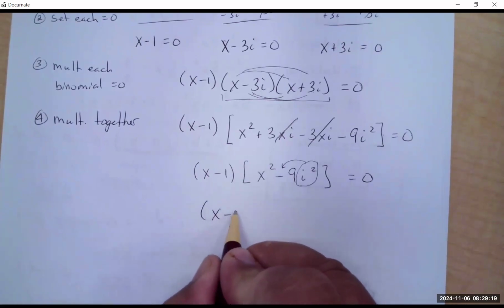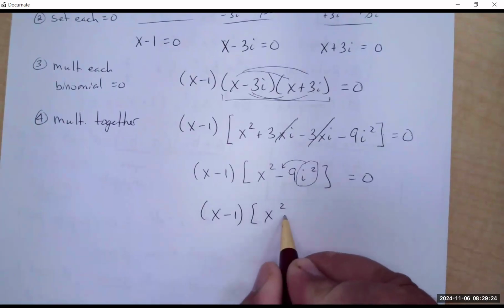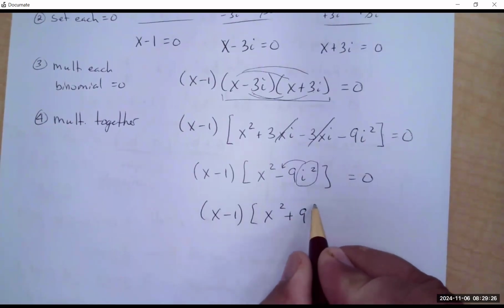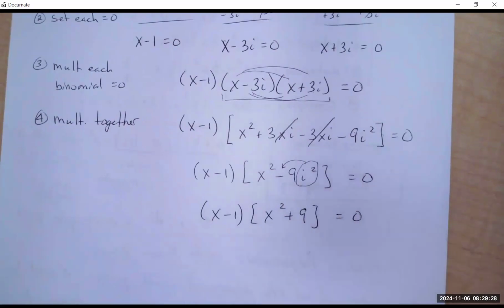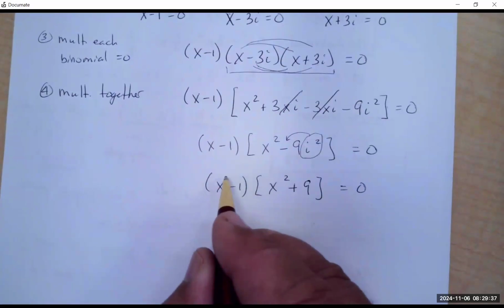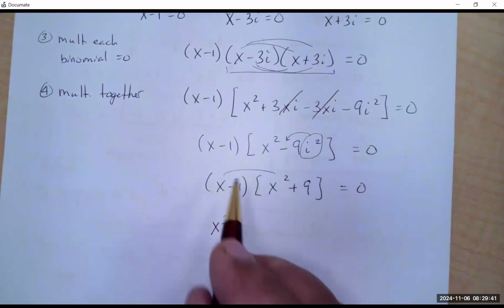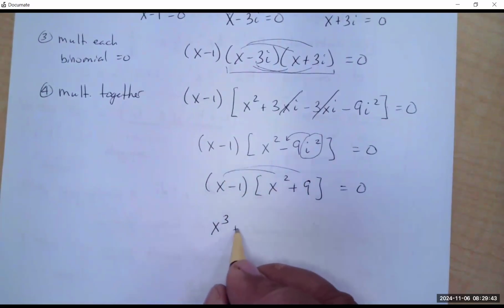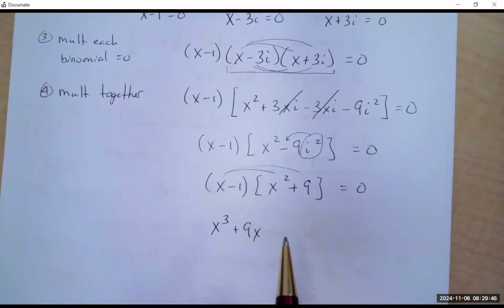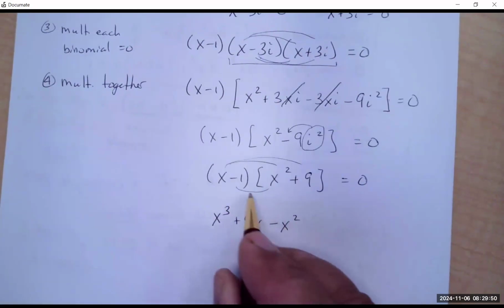So we have x minus 1 times x squared plus 9. Now I'll multiply these two together. X times x squared is x cubed. X times 9 is 9x. Negative 1 times x squared is negative x squared.